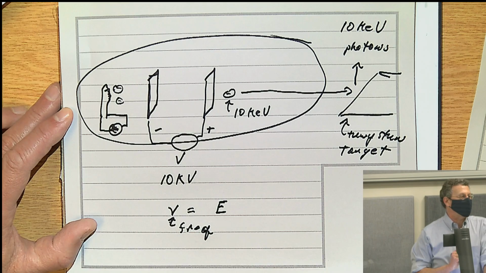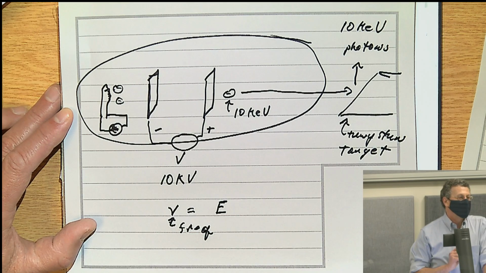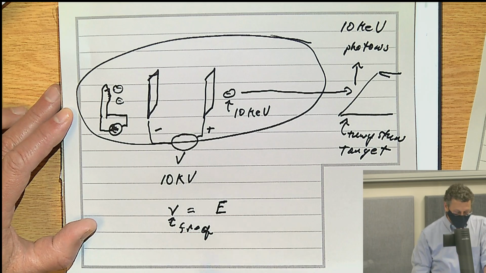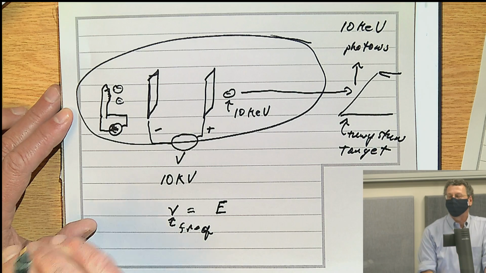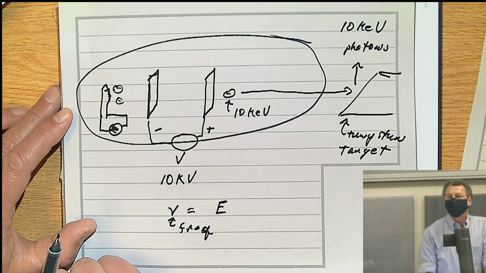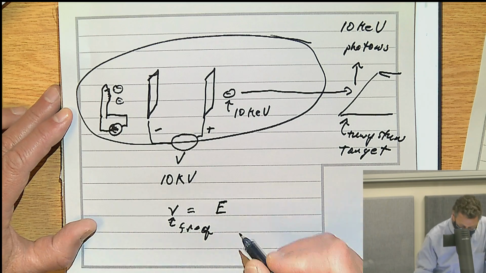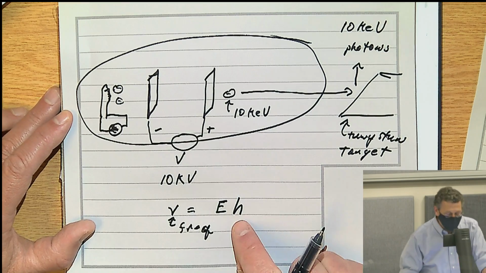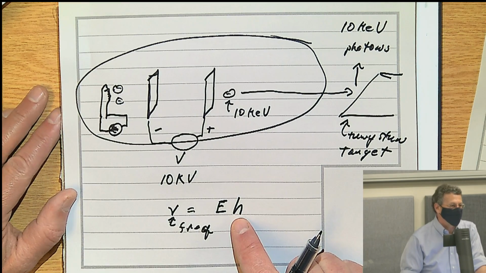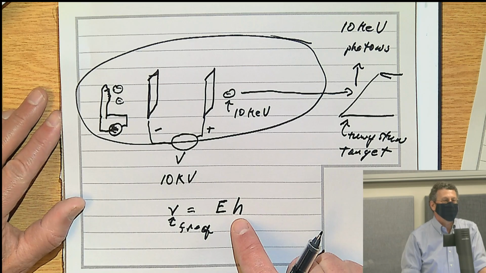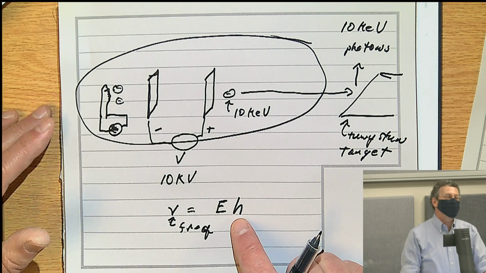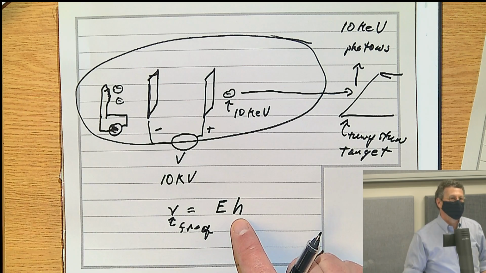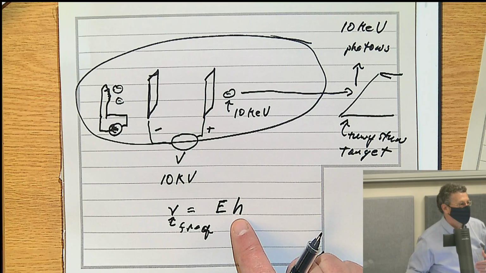And does anybody know what that constant is? What's the constant that relates frequency to energy for a photon? It's Planck's constant, h, usually. Now, the specific value of h depends on what units you choose for your problem, right? But so, if you double the energy of the photon, you double its frequency, or you halve its wavelength, okay?